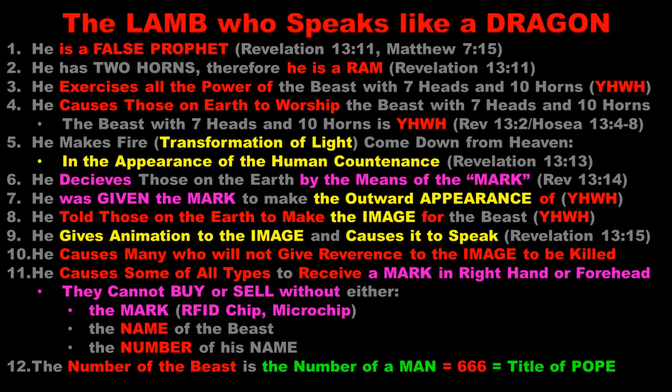So we know they're already doing that with the RFID chip, and we know they also have microchip tattoos that they're doing the same thing with. So at this point, it does look like the microchip itself is the mark. So that means, because it says here that the mark is how they are able to create the outward appearance, that the cloak of light, the outward appearance, is made with the help of microchips.